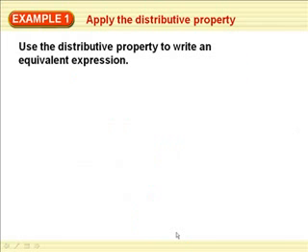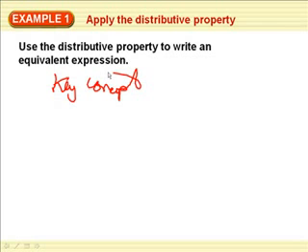All right, so there is a key concept box. Before we do example number 1, let's talk about our key concept. The key concept here is the distributive property. They're using A, B, and C. What they want to show is the product of A and B plus C. If we were taking A times B plus C, we can't do this right now because we don't know what B and C are.